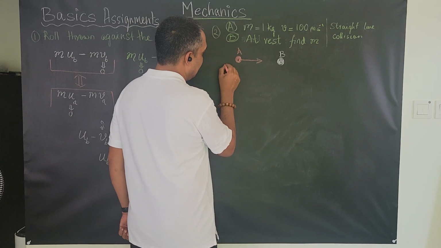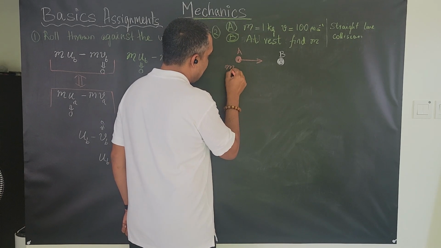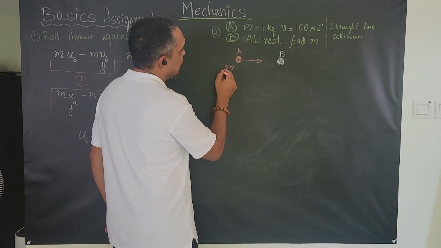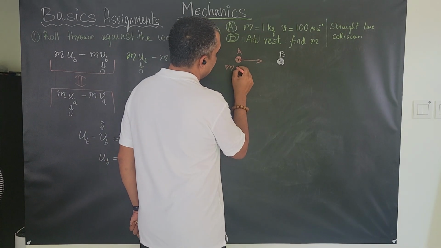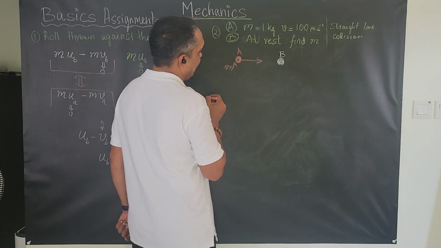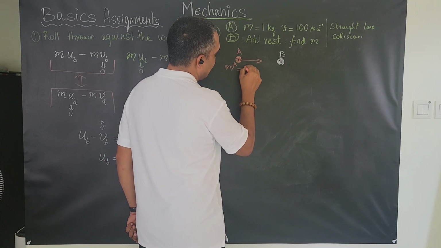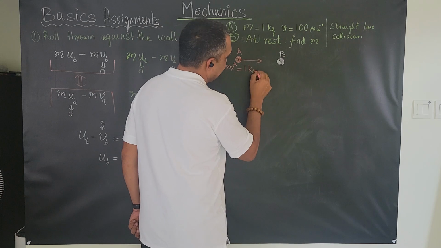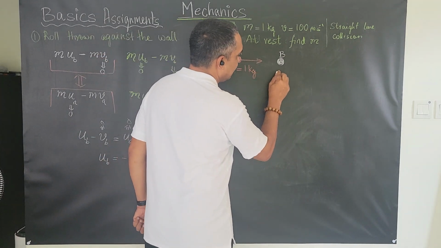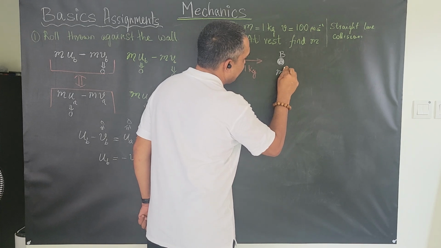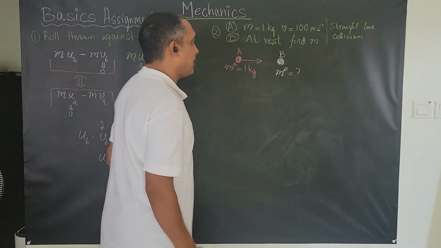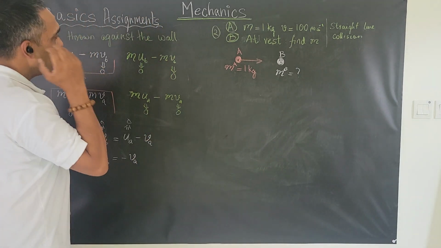We know that the mass of A, since we're using the colors, mass of A, we'll probably use a superscript for that. Mass of A, we know to be equal to 1 kilogram. We do not know the mass of B. We should try and find out.